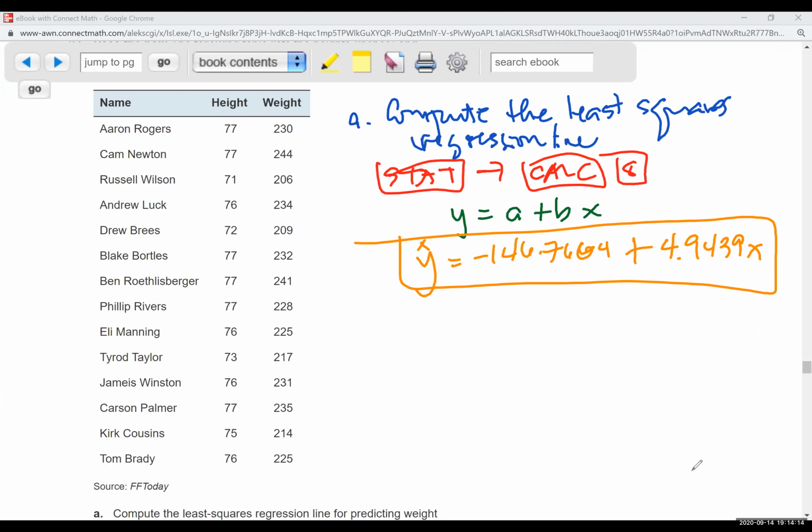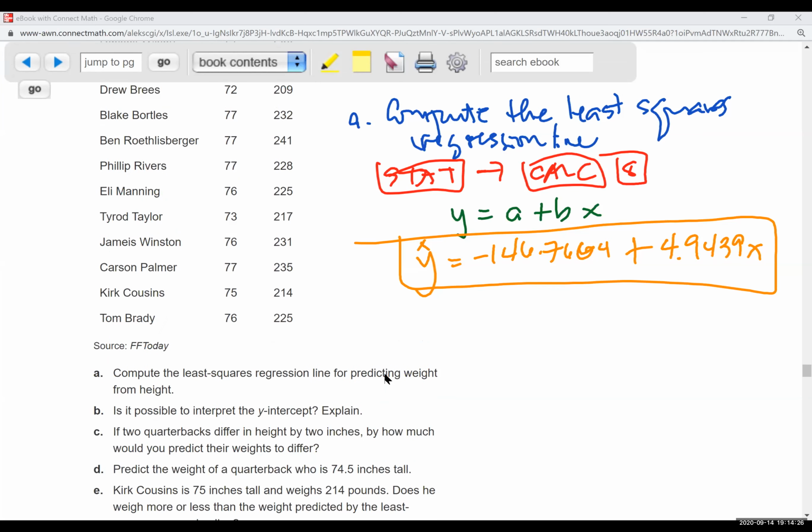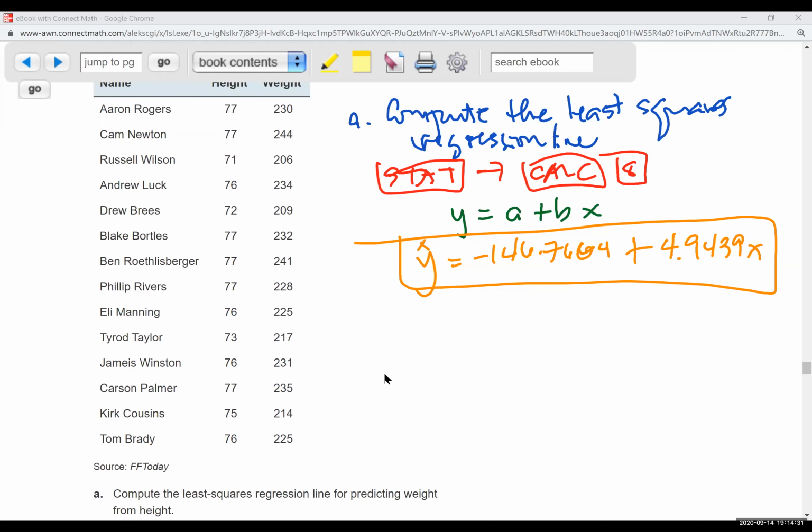Again, make sure that you have this, this is practice. To answer the next question, is it possible to interpret the y-intercept? Remember how to interpret the y-intercept.